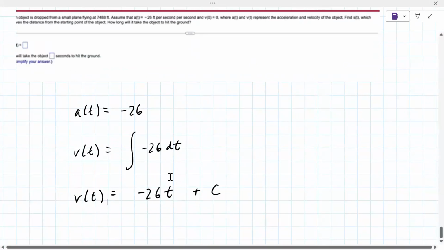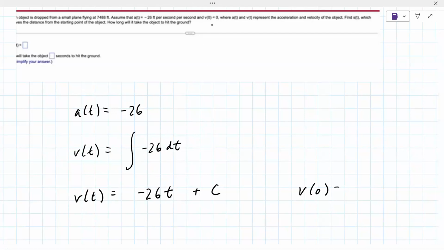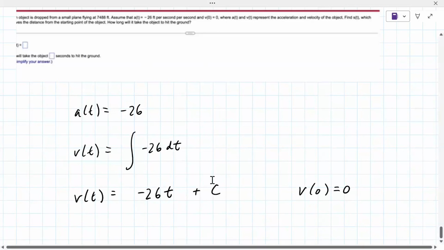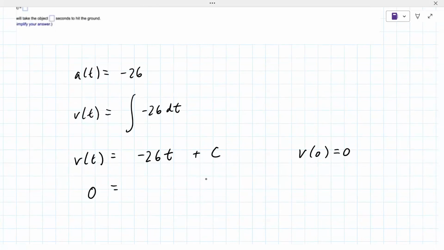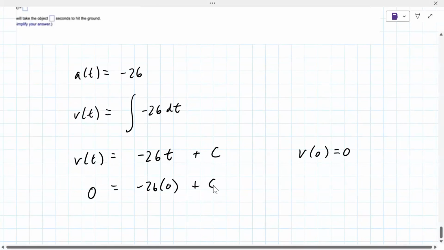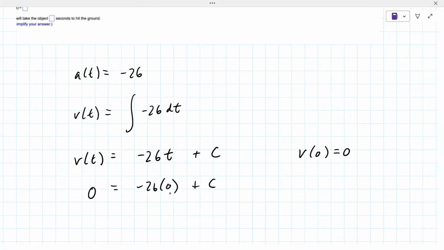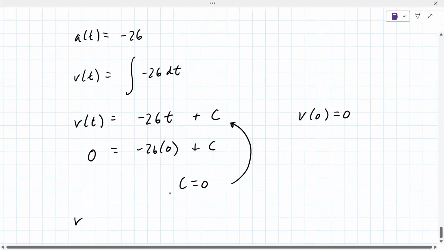So if you can imagine, the derivative of this is the minus 26. And then it tells you here that the velocity at time 0 is 0. This is what allows you to find the value of c. So we got 0 equals minus 26 times 0 plus c, and then c ends up equaling 0 as a result of that. So the v of t is just minus 26t.